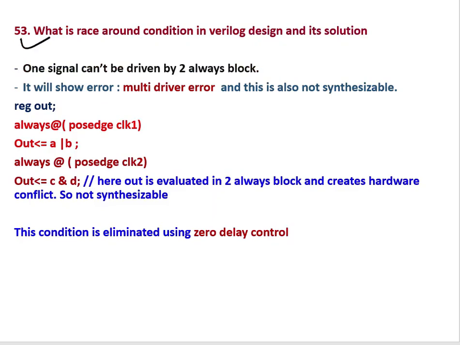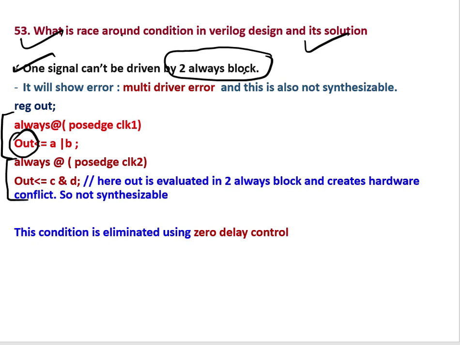Next one is what is race around condition in Verilog design and what is its solution. Race around condition is when one signal is driven by two always blocks. The same signal is driven by two always blocks. Here this is one block, and here one signal is out. Here is another always block, and here we are using the same signal, out.